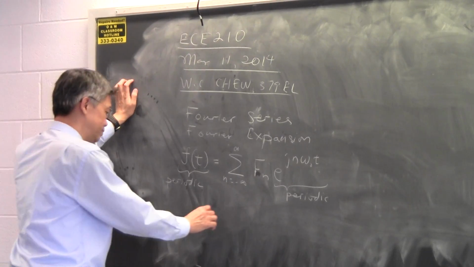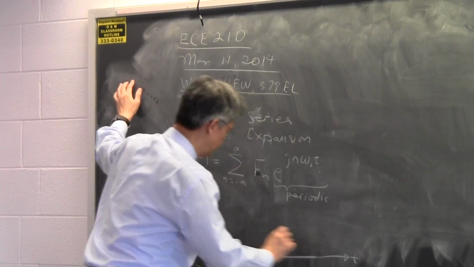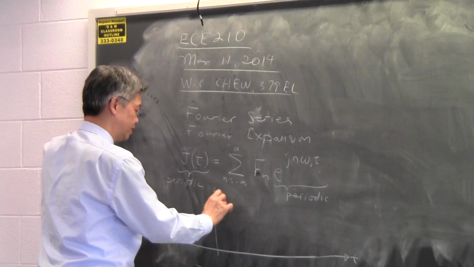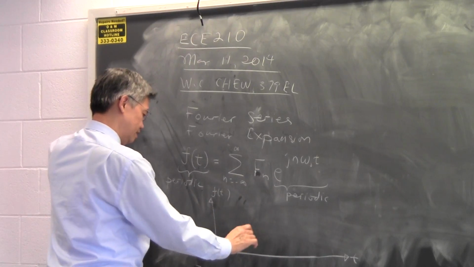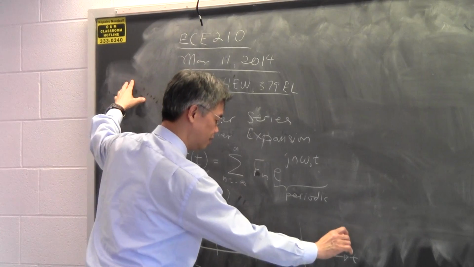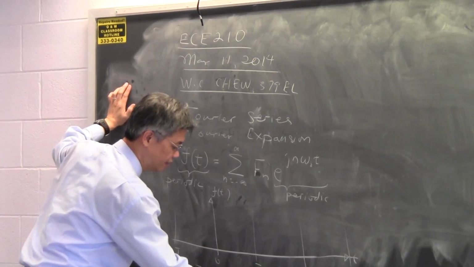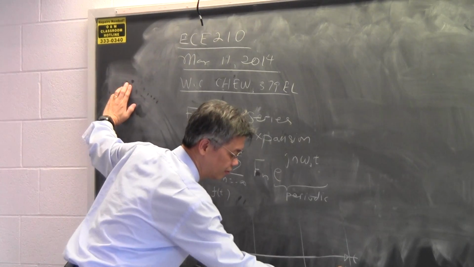And then examples of a periodic function I can draw for you. F of t might look something like this. Say, let's draw the period first. The period is T. Minus T, 0, T, 2T, 3T.